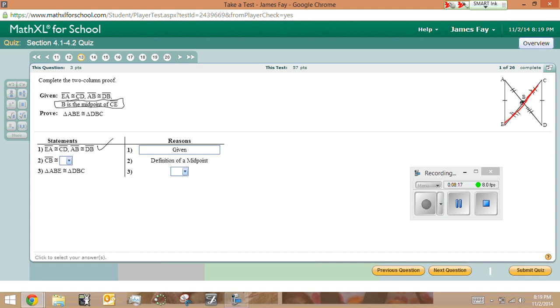So midpoints always give you two congruent segments. So CB is going to be congruent to BE. And now the triangles are going to be congruent because I've got 3 sides in this one, 3 sides in the one on the right. So it's going to be side, side, side.